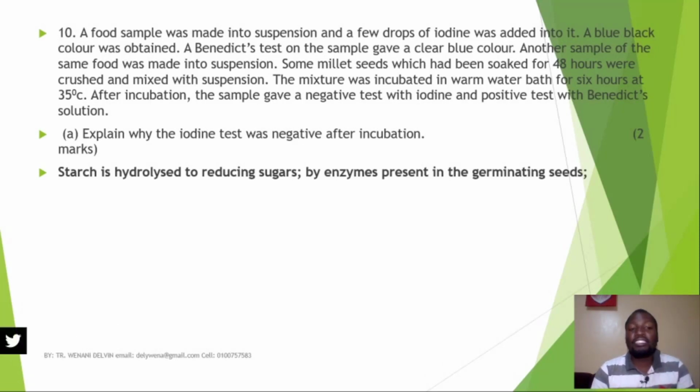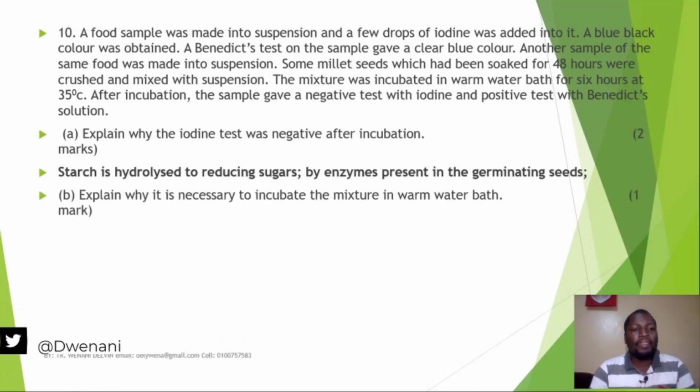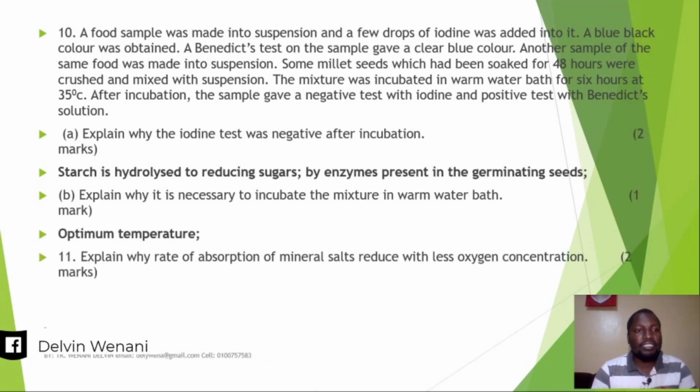Remember, the iodine test is testing for starch, which has already been hydrolyzed to reducing sugars. Explain why it is necessary to incubate the mixture in a warm water bath. This is because of the optimum temperature; 35 is the optimum temperature.